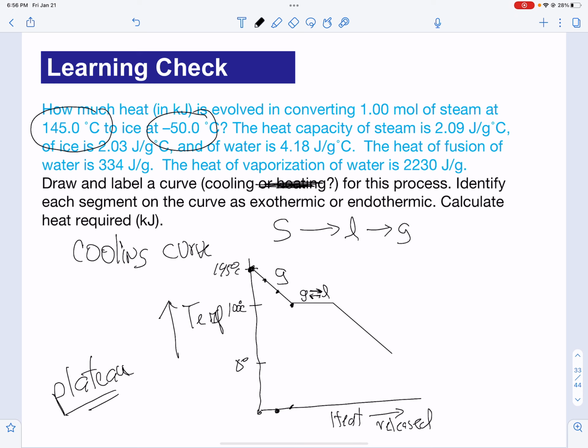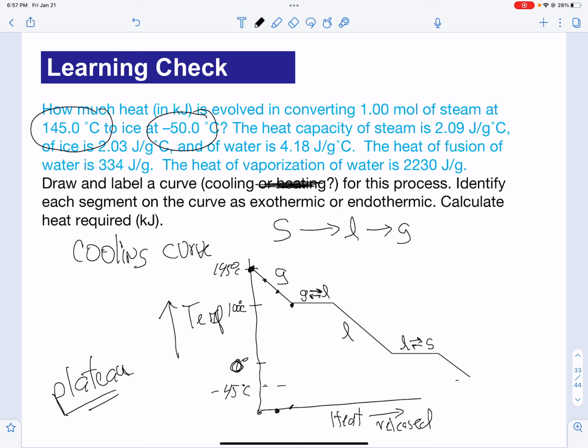You know water, so you know that at 0 degrees, there's another change of state, another plateau. So this is liquid. Here you have the liquid in perfect equilibrium with the solid, and that's happening at 0 degrees Celsius for water. And after that, you can continue cooling the ice. And in this particular case, we're going to make it all the way to minus 45 degrees Celsius.